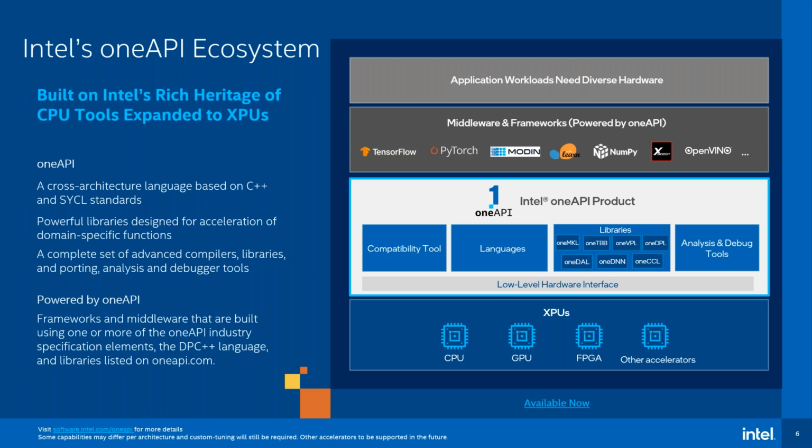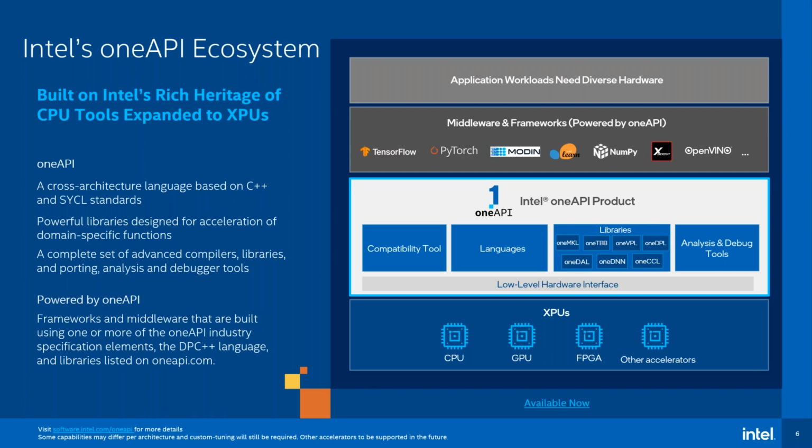And those are the hardware targets below. And then you have all the various libraries, and then the middleware and frameworks, and then ultimately you build your applications on top of it. So one of the toolkits is the AI Analytics Toolkit, which is what we will be focusing on today.